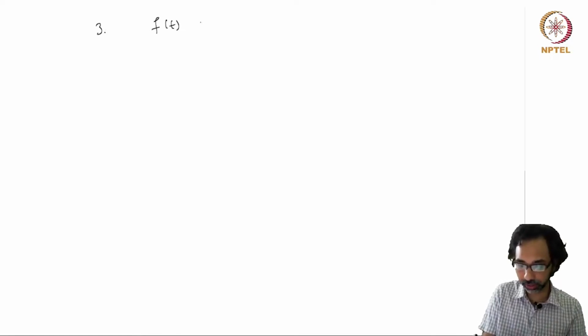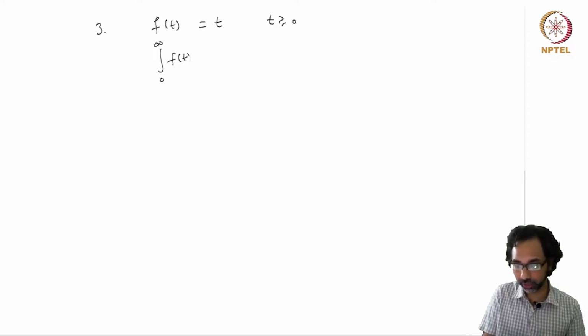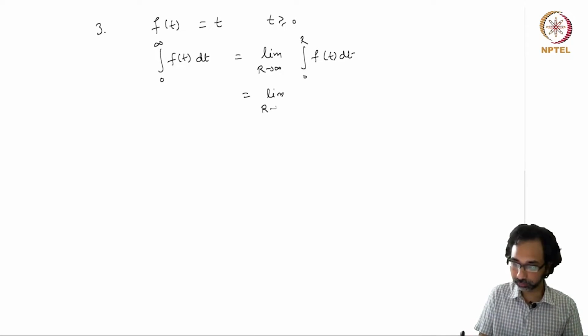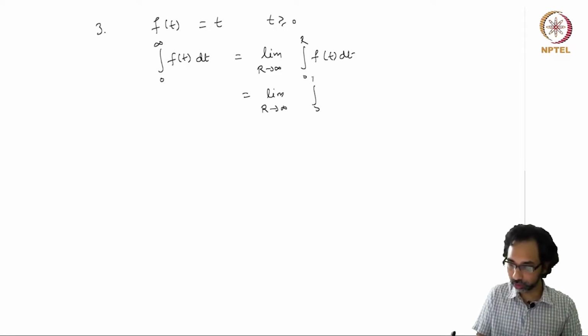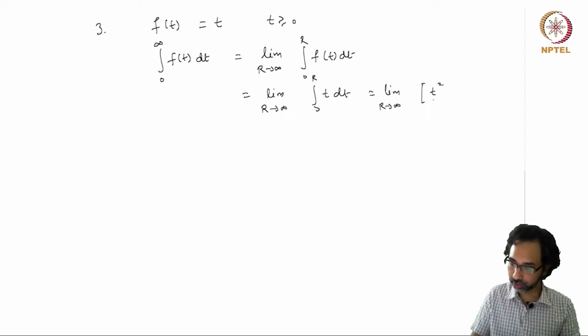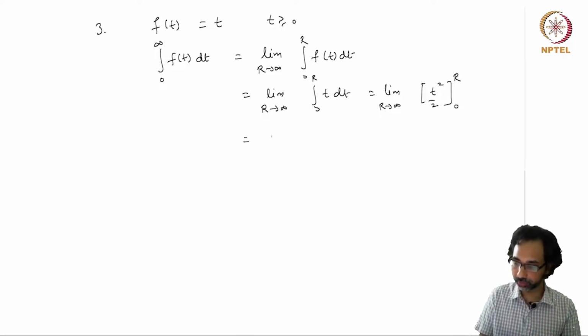The easiest example is f(t) equals t, for t greater than or equal to 0, and if you take the integral from 0 to infinity of f(t) dt, then by definition this is again the limit as r tends to infinity of the integral from 0 to r of t dt, and you get simply t squared by 2 from 0 to r.